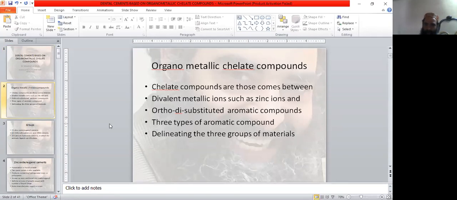Chelate compounds are those which form between divalent metallic ions such as zinc ions and ortho-di substituted aromatic compounds. There are three types of aromatic compounds delineating the three groups of materials.